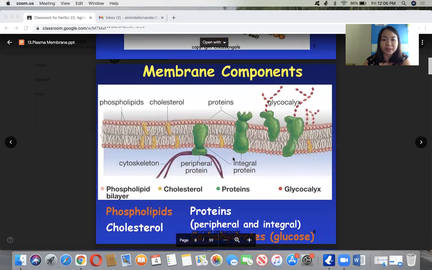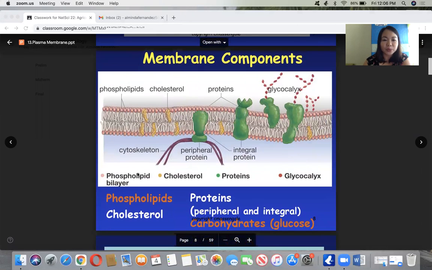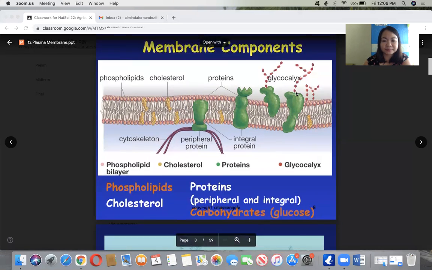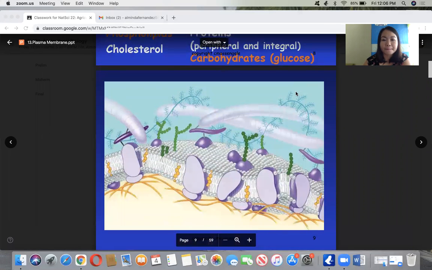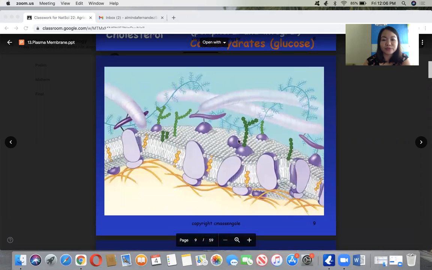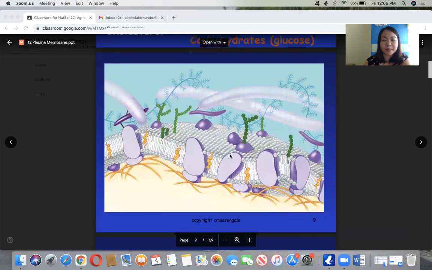It has the following components: the phospholipid bilayer, the cholesterol, the proteins, peripheral and integral proteins, the cytoskeleton, and the glycocalyx. Once again, here is another photo showing you the plasma membrane.